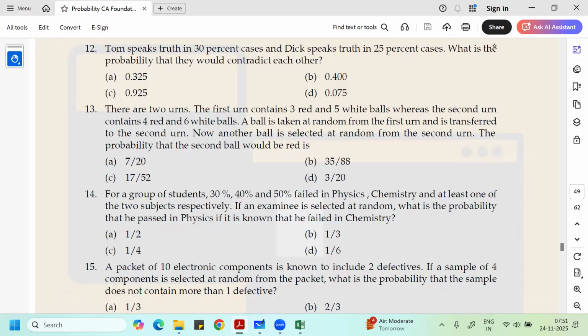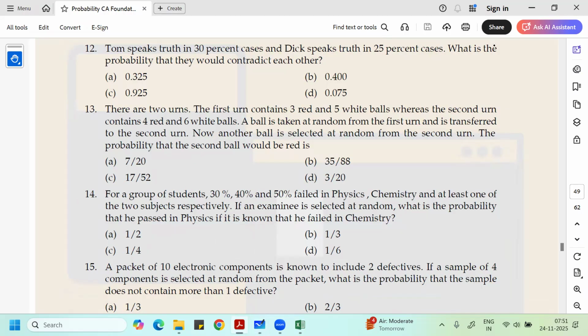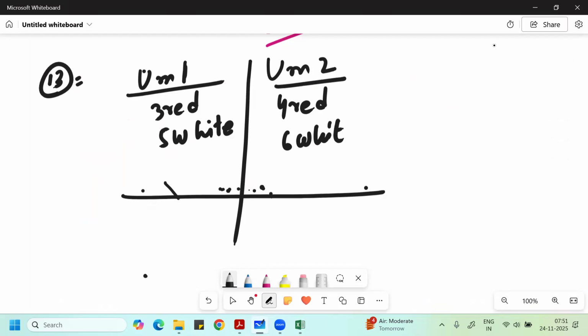The second urn contains 4 red and 6 white balls. The total here, 8 balls are there. Total here, 10 balls are there.